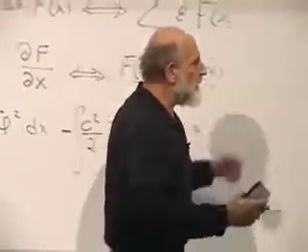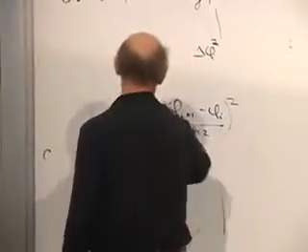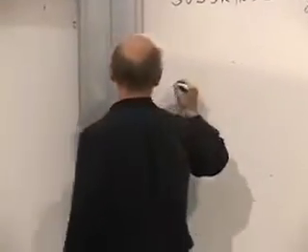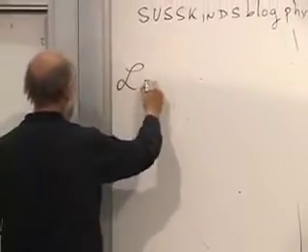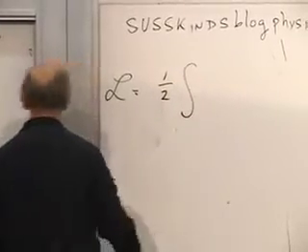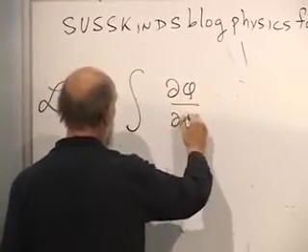Okay. So now I can write down the action. I've written it, or I can write down the Lagrangian. The Lagrangian L is 1/2 the integral of d phi by dt squared.